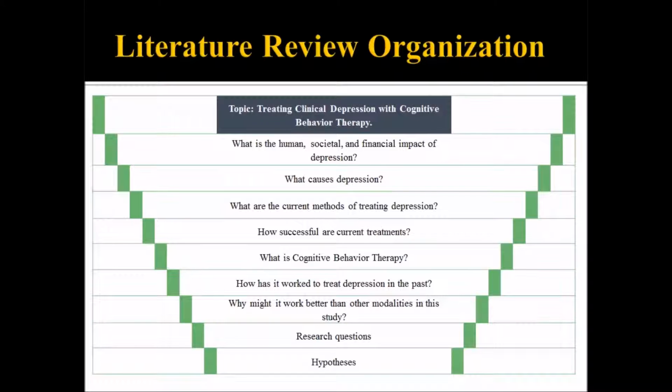So again, here you might want to ask why CBT might work better than other modalities you're testing in the study, and then support that using sources you've found. Toward the end of the literature review, we typically summarize what we've talked about so far, and then we propose our research questions, followed by our hypotheses.